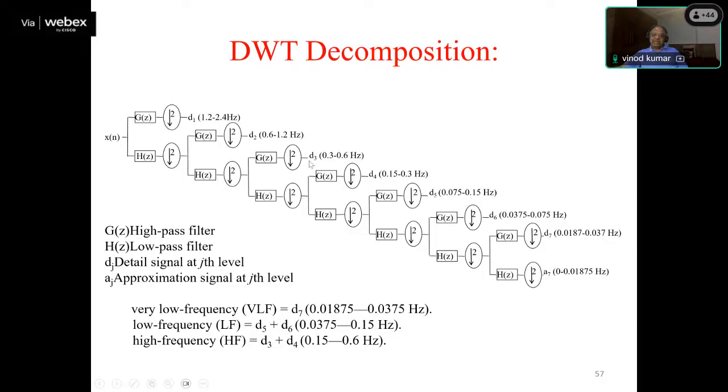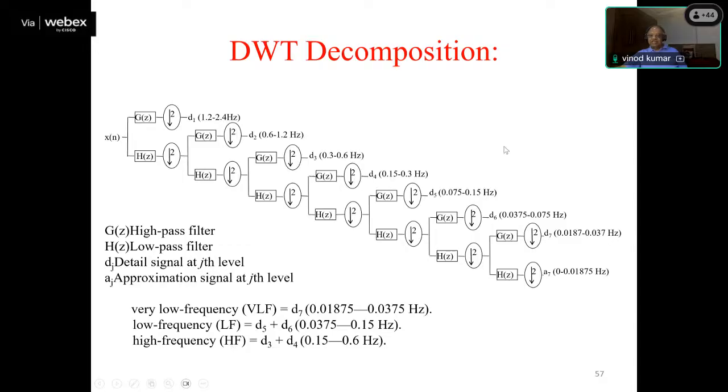From 0 to 0.6, again I get 0.3 to 0.6, and similarly 0 to 0.3. 0 to 0.3 will give me 0.15 to 0.3, and so on. So the D7 output is directly my very low frequency signal. D5 plus D6 will be my low frequency signal, and D3 plus D4 will be my high frequency signal.